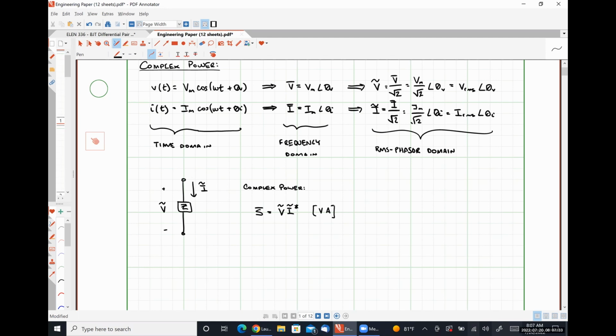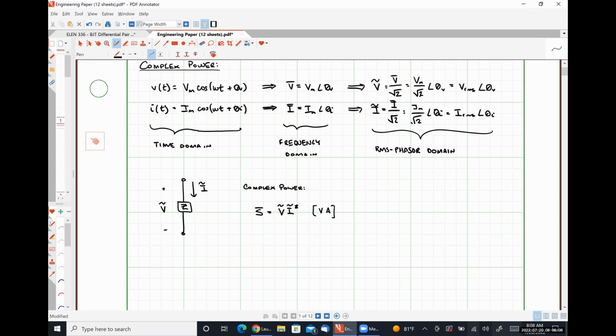Because complex power is a combination of different types of power, we use different units to describe the different portions of the complex power. So when we're describing the complex power itself, we have units of volt amperes. Dimensionally the same as a watt, but if you hear about something being expressed in terms of volt amperes, you know that we're dealing with a complex power relationship.